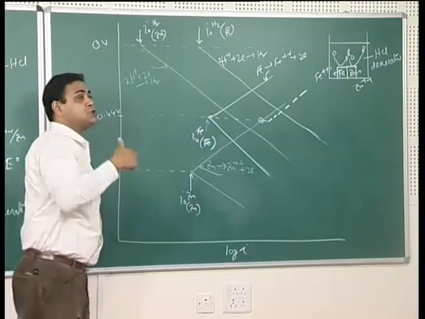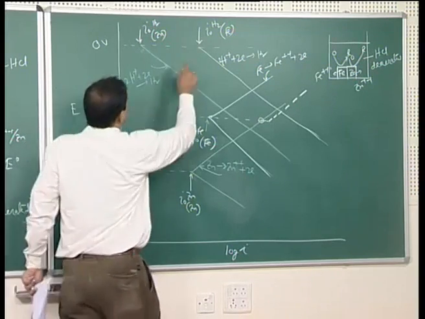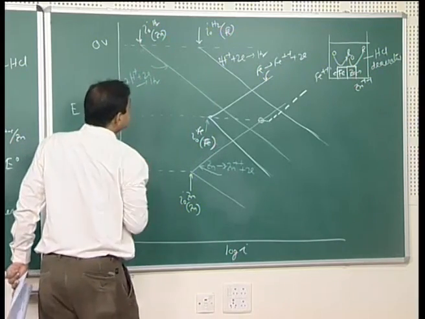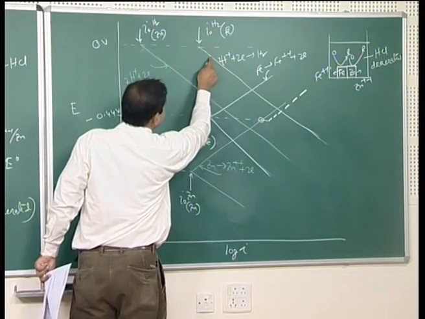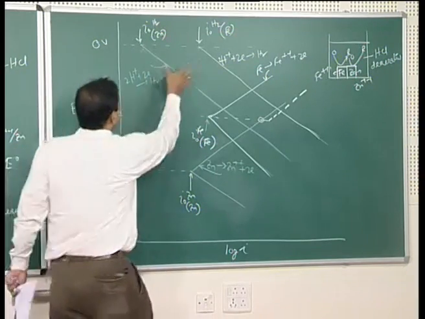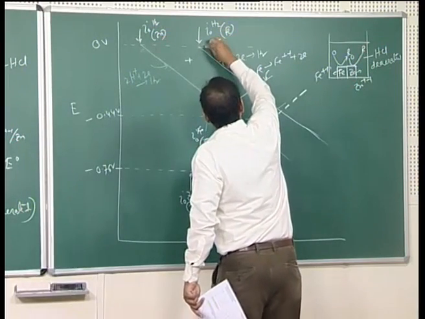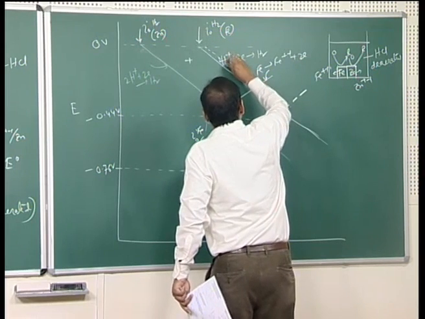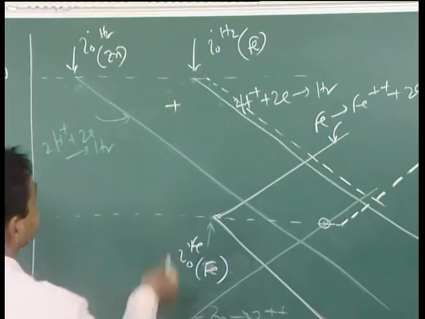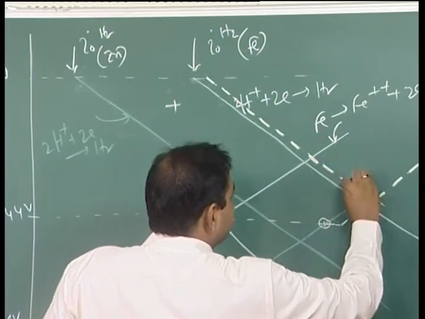This is current for hydrogen evolution reaction on zinc surface, this is current for hydrogen evolution reaction on iron surface, and the total hydrogen evolution reaction would be decided by addition of these two. So, my line will start on the right side of it, and it will move like this. Fine. So, this is my new line for my total cathodic reaction.